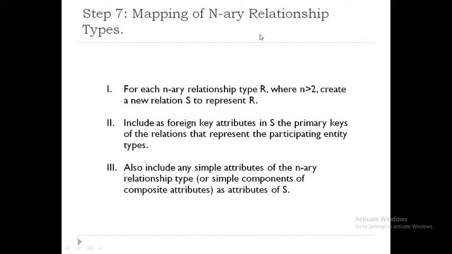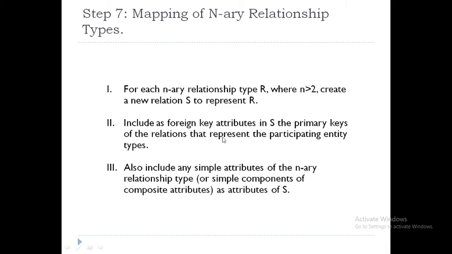Now suppose if you have N-ary relationship types, then how to map this? For each N-ary relationship type, N-ary means the number of participating entities must be greater than 2. Now create a new relation S to represent R. Okay, you have to create a new relation to represent this N-ary relationship.